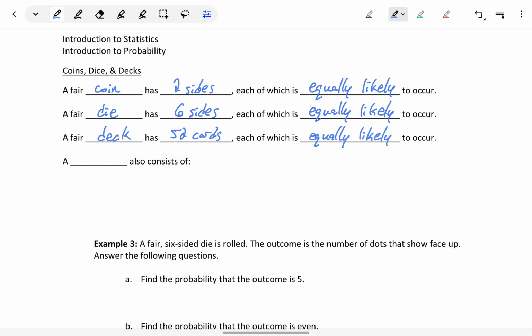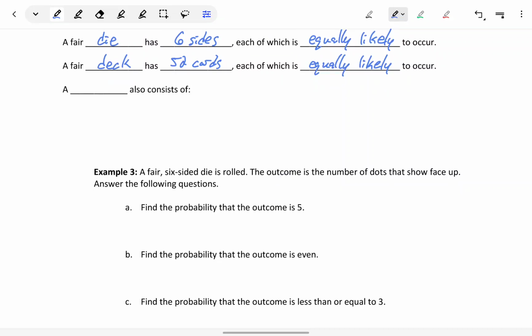But we have more information that goes along with building what we would consider a standard deck or a fair deck. So a deck also consists of 4 suits, 2 of which are red, hearts and diamonds, and 2 of which are black suits, clubs and spades.